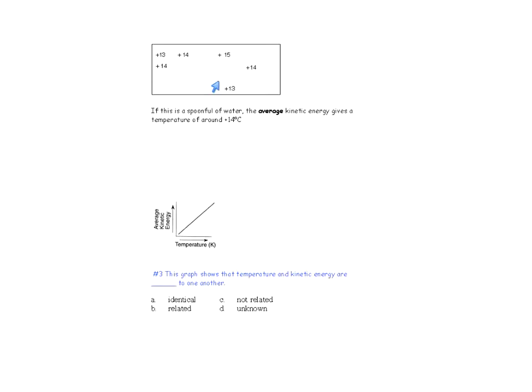With that in mind, I want to see if you guys can answer this question. If you look at this chart here, you can see here's temperature. Temperature goes up, kinetic energy goes up. So this graph shows that temperature and kinetic energy are blank to one another. What would you put in that blank?